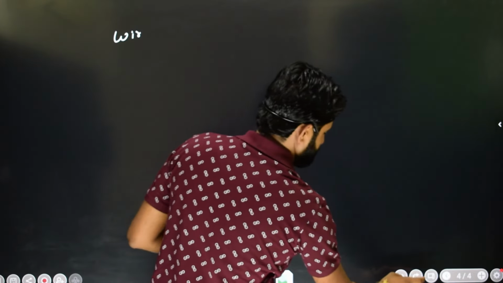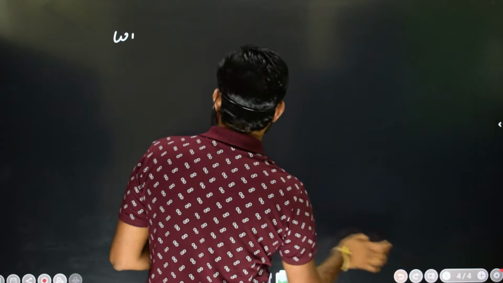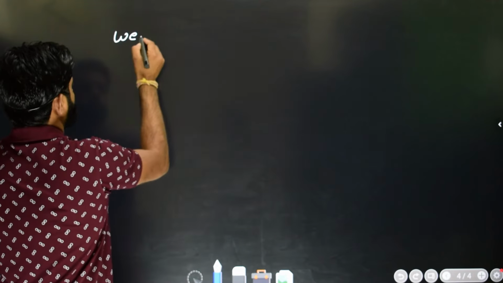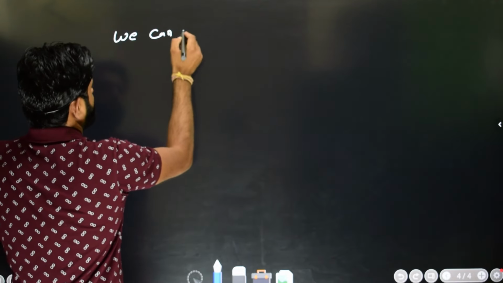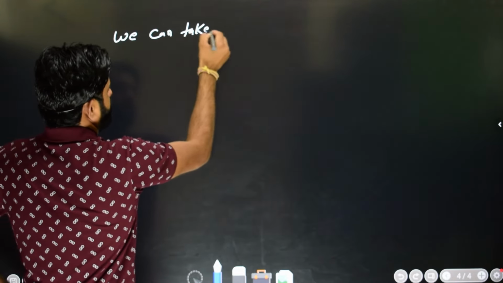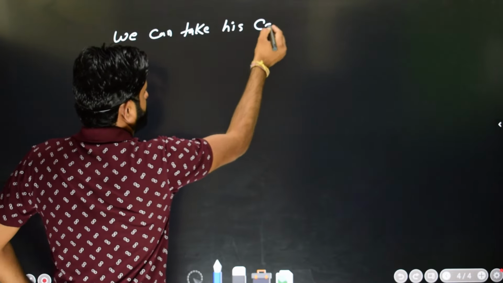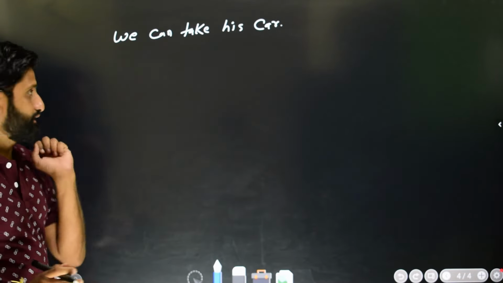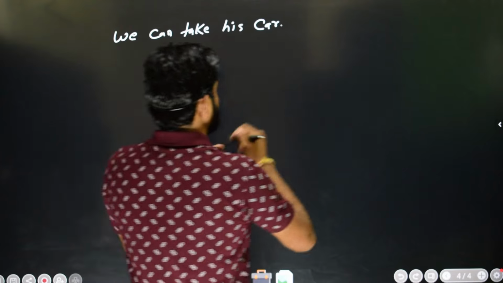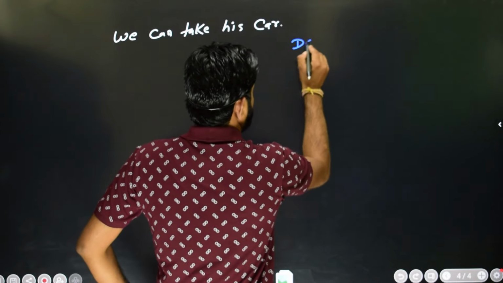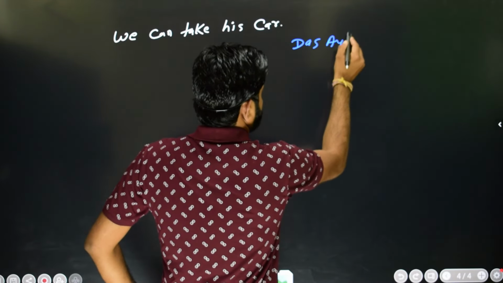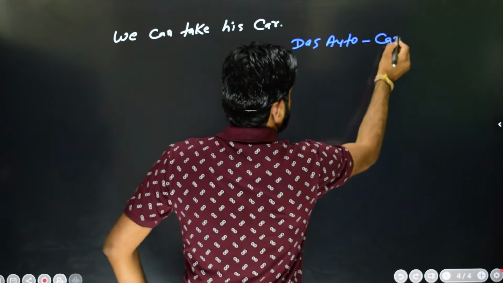I have written the German word, so let me write the English one. We can take his car. So now translate it. Car will be das Auto. Das Auto is car.